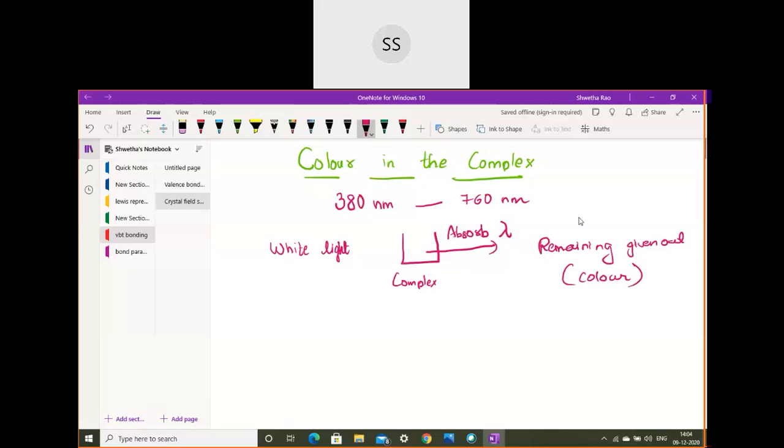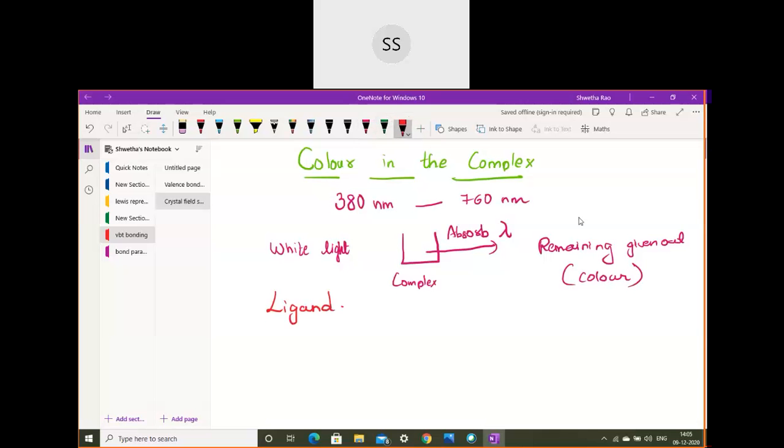So whatever appears as color is because the remaining wavelength has been emitted by that particular complex. Here we will understand how exactly that color is given.